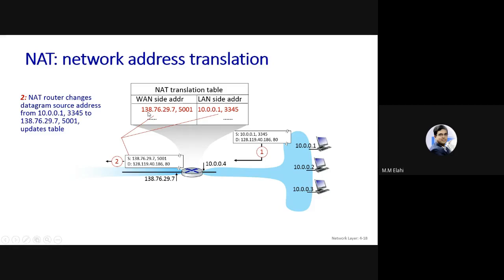When the router replies, if we use this source port number, there will be two entries with the same port number, right? So is there any problem when the server returns the reply?